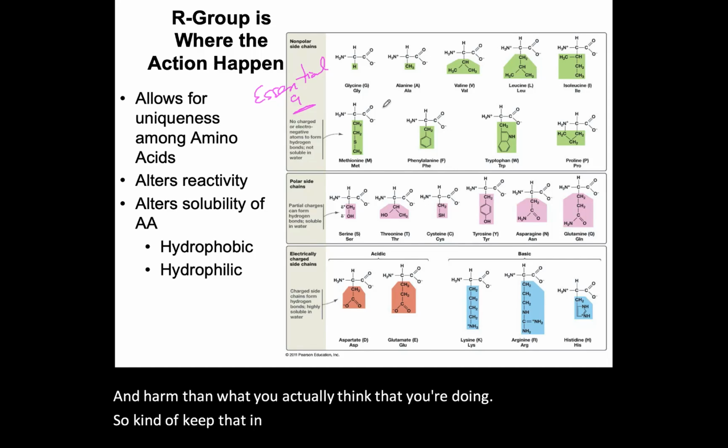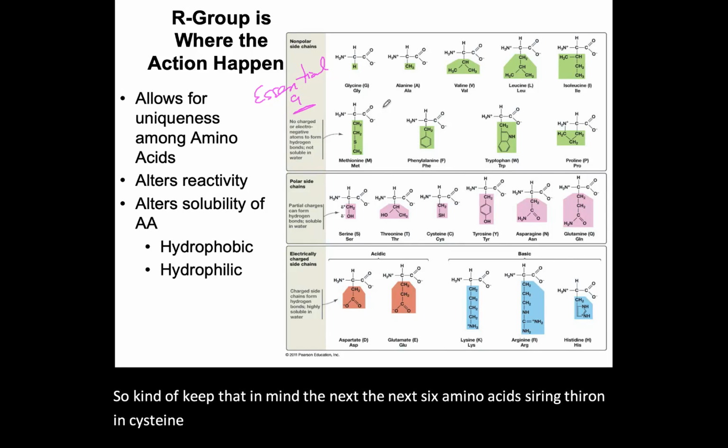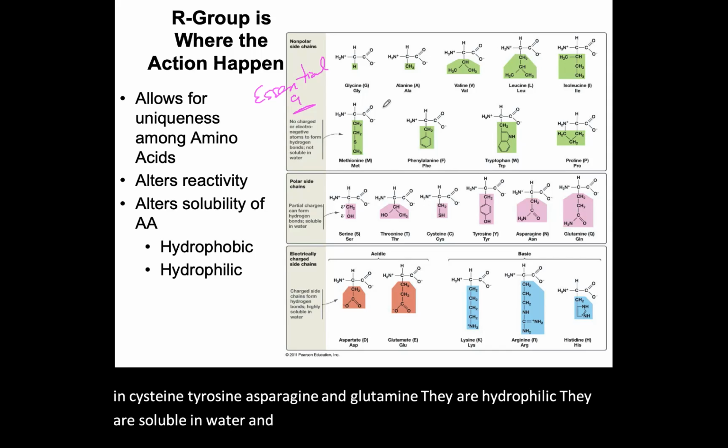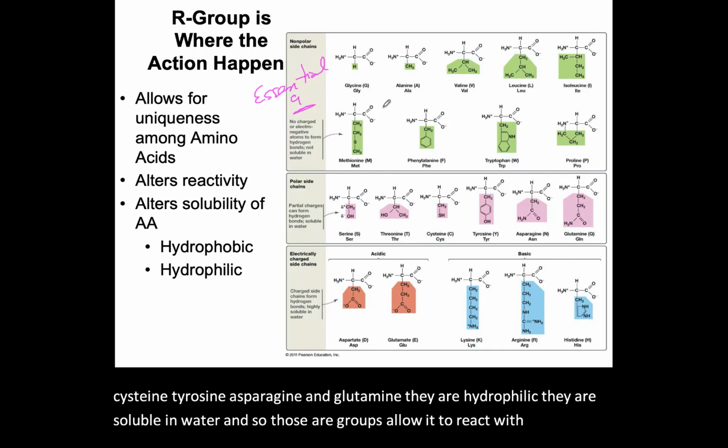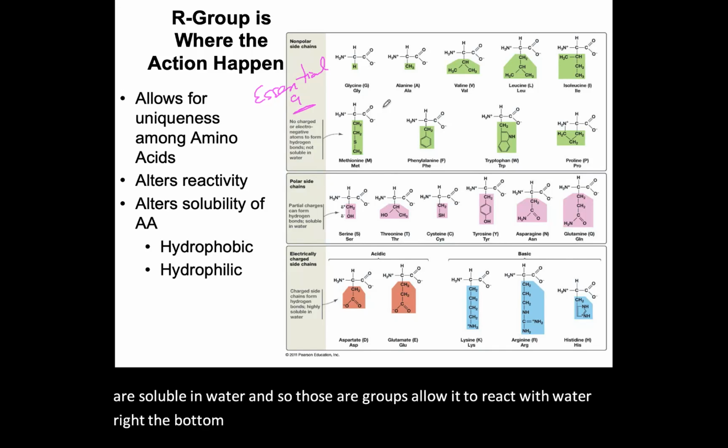The next 6 amino acids: serine, threonine, cysteine, tyrosine, asparagine, and glutamine. They are hydrophilic. They are soluble in water, and so those R groups allow them to react with water. The bottom 5 are also soluble in water, which makes sense.